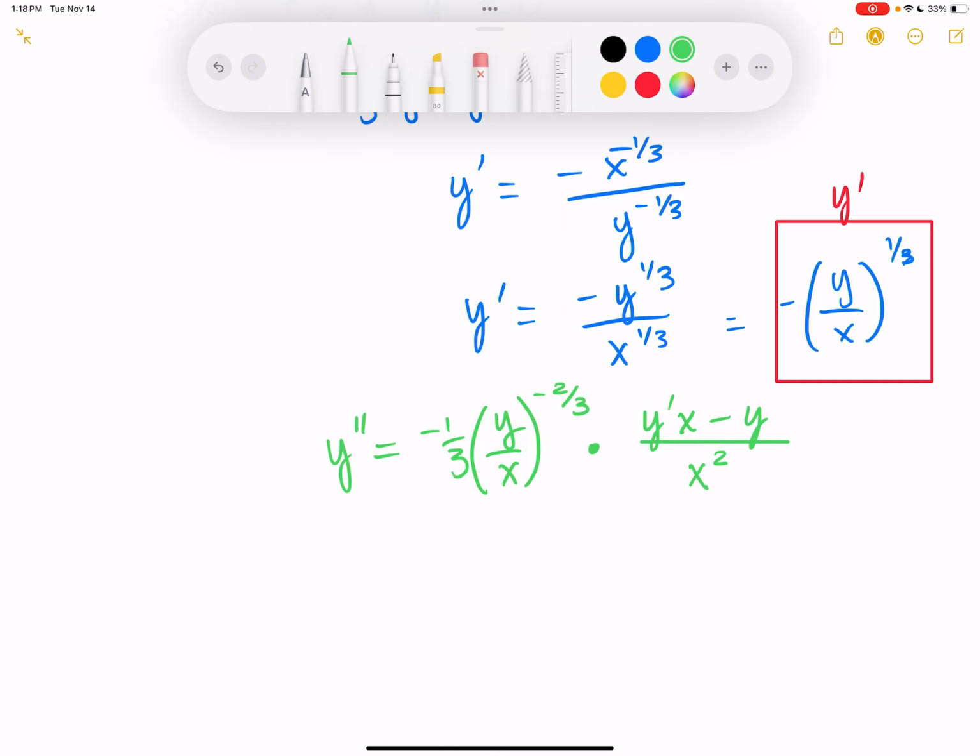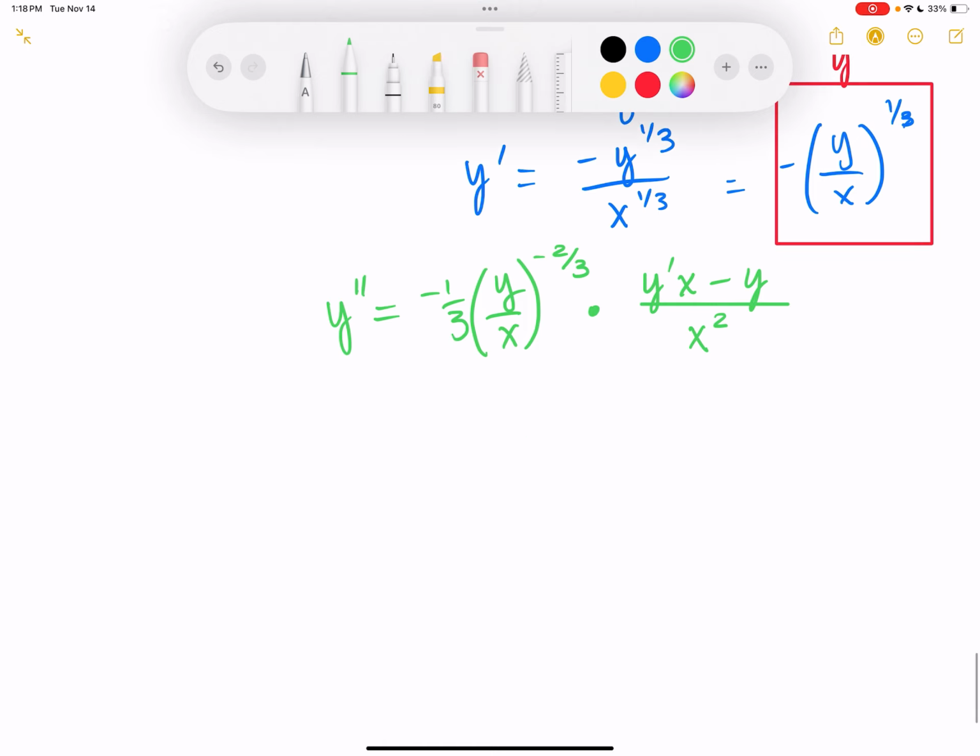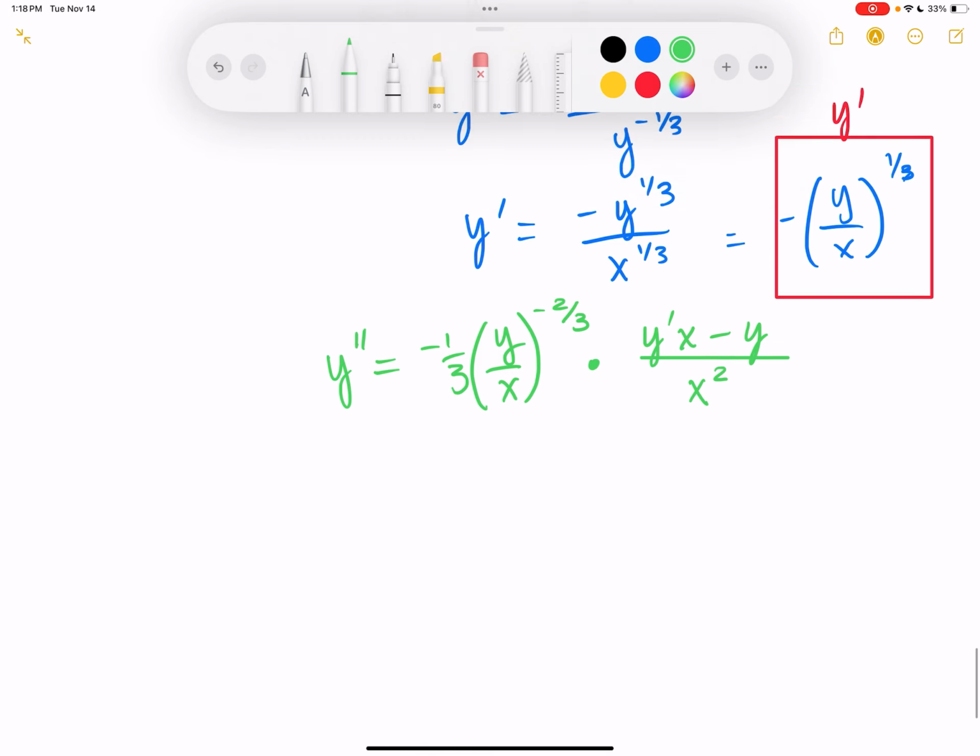These problems are so glorious, aren't they? So, there's a couple things I would do. One, I would go ahead and replace y prime with that. But I would also flip this to make this a positive exponent. Their answer comes out so nice, but it doesn't look like it's going to.